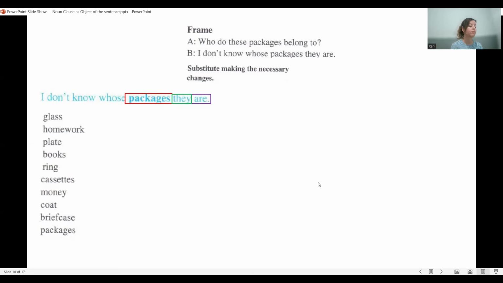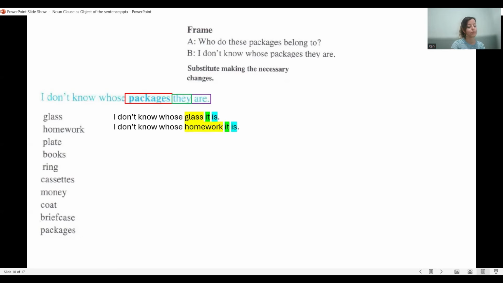Glass. The answer is, I don't know whose glass it is. Why it? Because glass is singular. So it is, and we need subject-verb agreement. Homework. The answer is, I don't know whose homework it is.